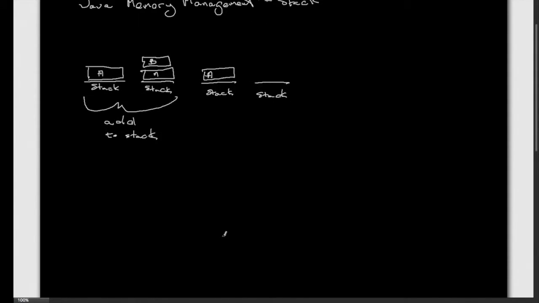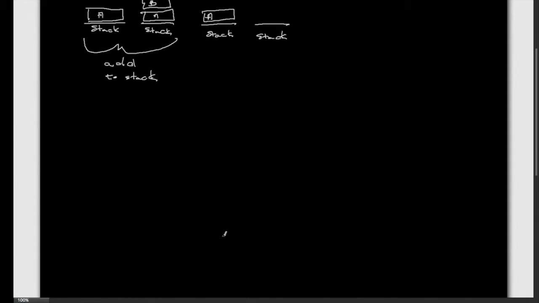So now how does this relate to Java memory management? That's because there's something called the call stack, and this is where method invocations and local variables live. As you may have heard, every single Java program ever written always begins with the main method. So I'm just going to write main right here to represent that.